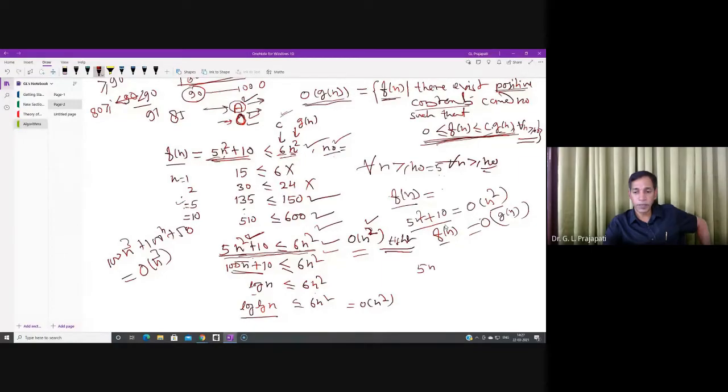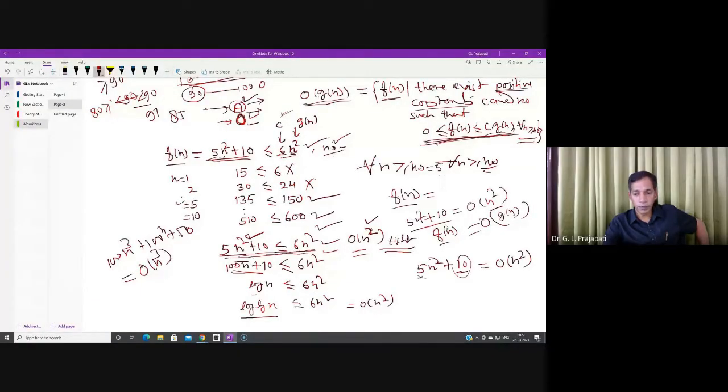Say you have 5n square plus 10, and we have seen that we write it as big O of n square. And n square is what? This is the highest degree of the polynomial. This is the constant term, this is the term which has degree 2, and this is the coefficient of the degree 2.